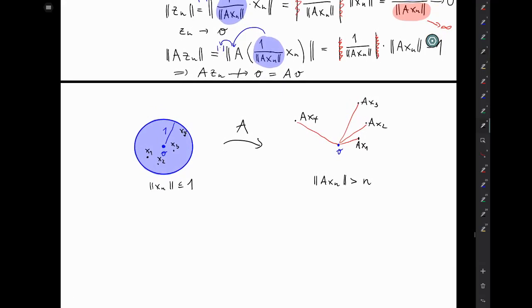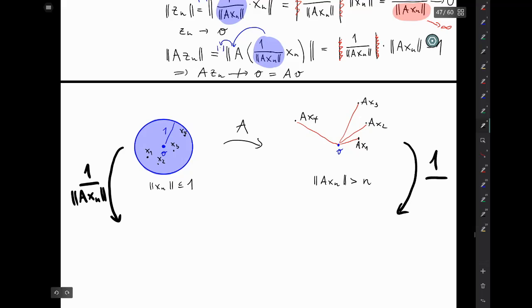Well, essentially, for every xn, we divided this diagram by the length of not xn but the image Axn, and of course you also have to do that on the other side. So you multiply by that little alpha that I'm drawing here.